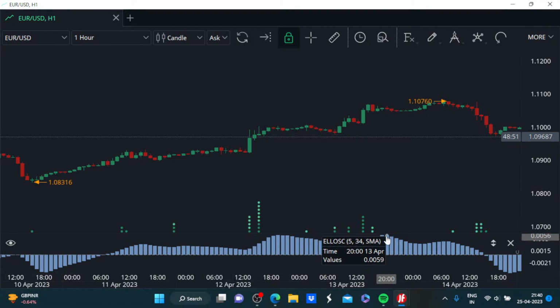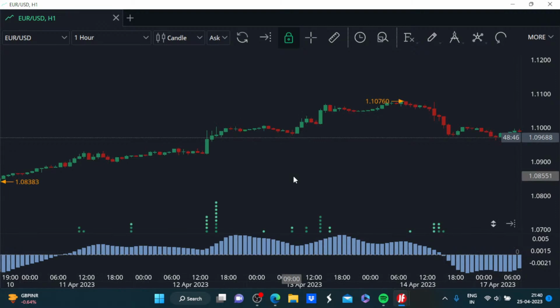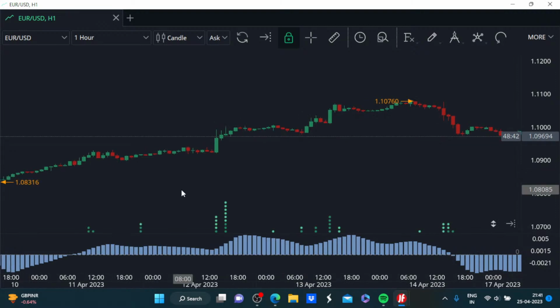So, in a comparative sense, we got to know that this is the next wave, and then we consider the divergence after these consecutive higher highs on the output chart of the Elliott Oscillator. Even though the price did make a higher high, that was not the case with the Elliott Oscillator output, where it formed a lower high, and as it started to show the signs of reversal, it started to decline.